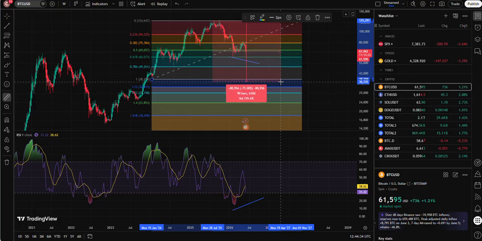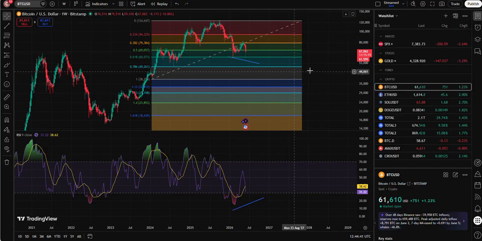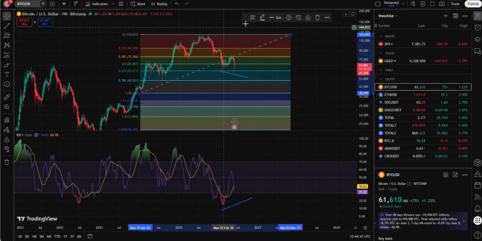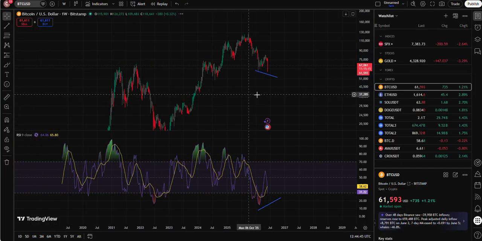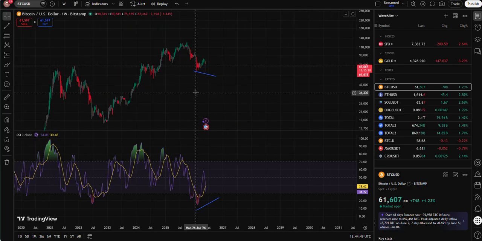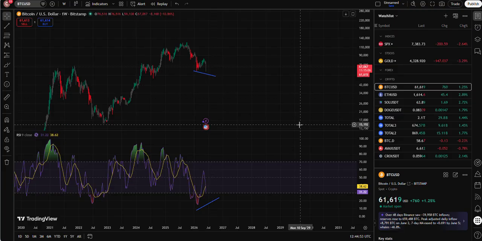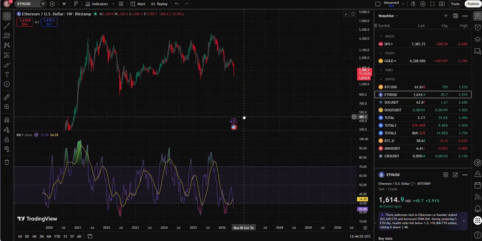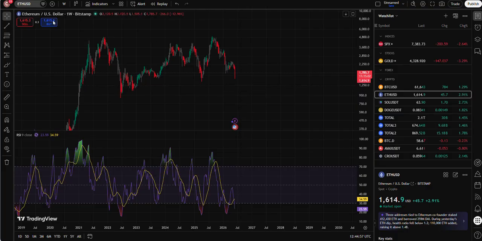So yeah, in this area, 113 maybe can be a good value in the future, if we consider that now we are in the bear market. Some people say yes, some people say no. But let's go to Ethereum. Ethereum, as you see, on the weekly, we are in this situation.